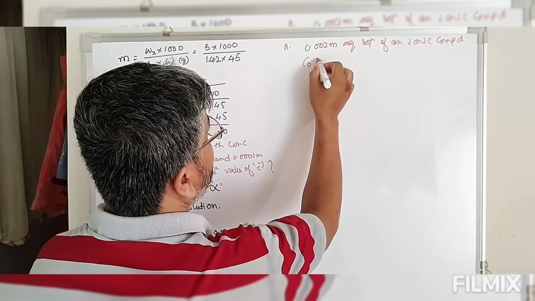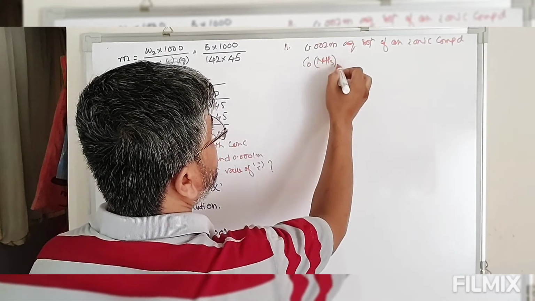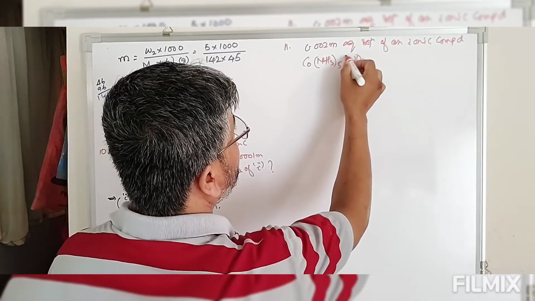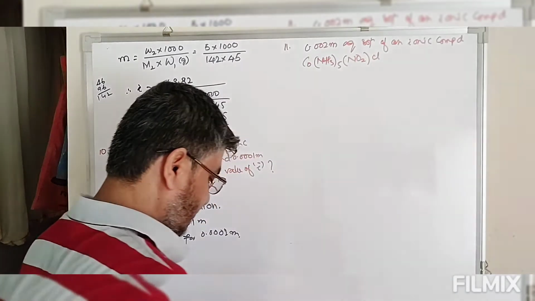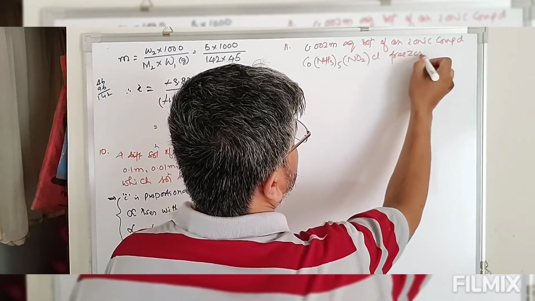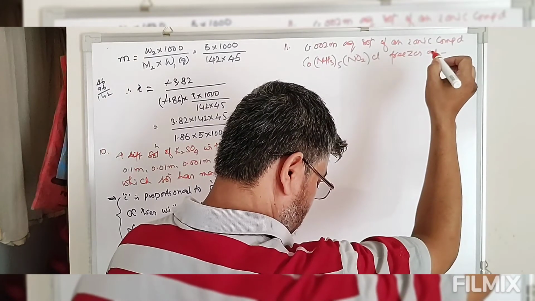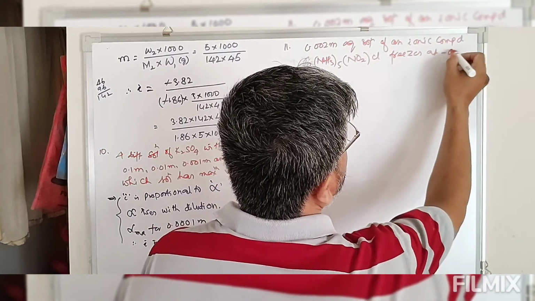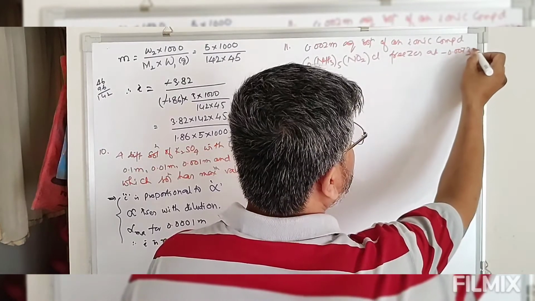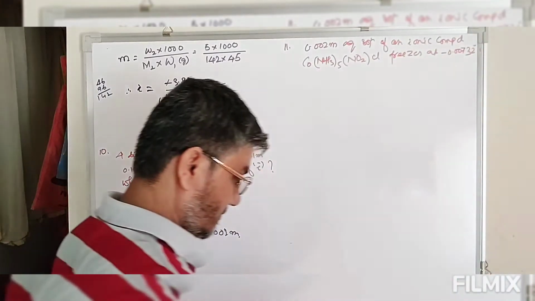Compound is Co(NH3)5NO2Cl, freezes at minus 0.00732 degrees centigrade.